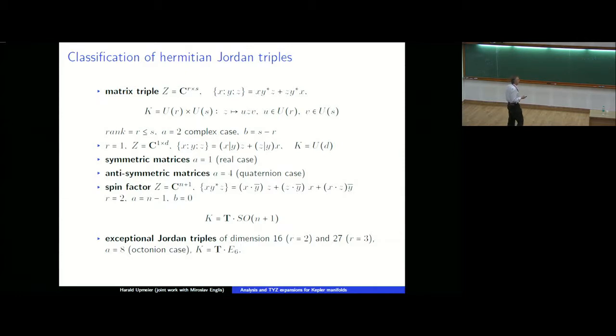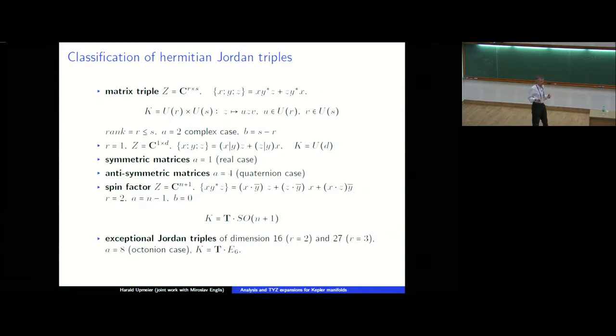Well, we also have the real case, A is equal to 1, namely symmetric matrices. They are still the complex symmetric matrices, but the multiplicity is 1. This is called the real case. We also have antisymmetric matrices. They are closed under this triple product.